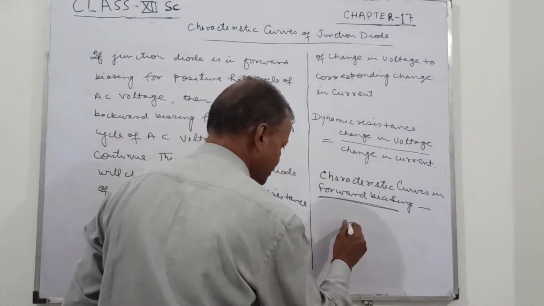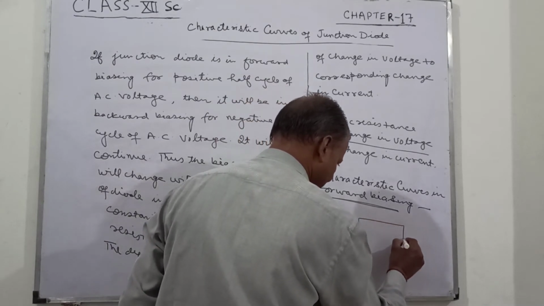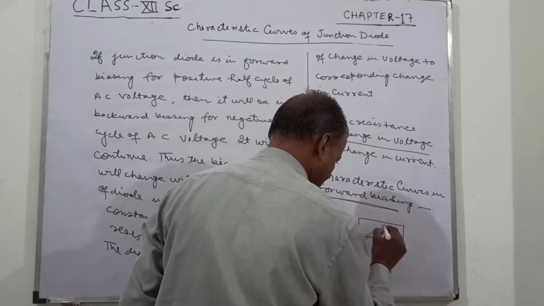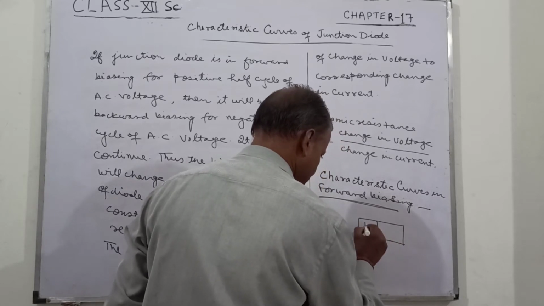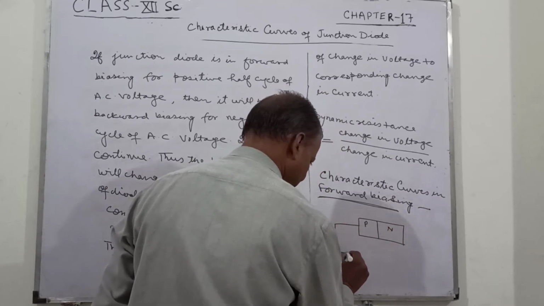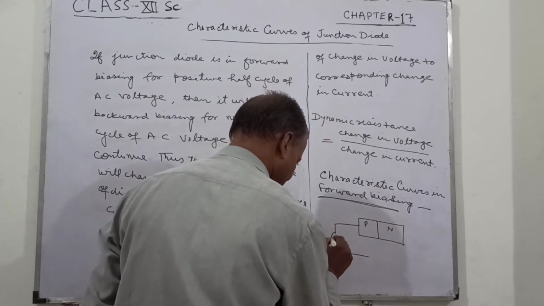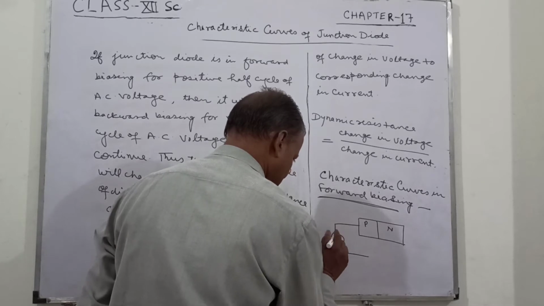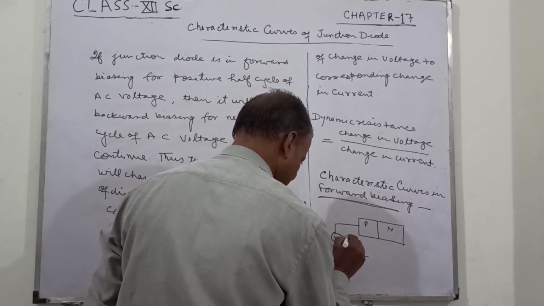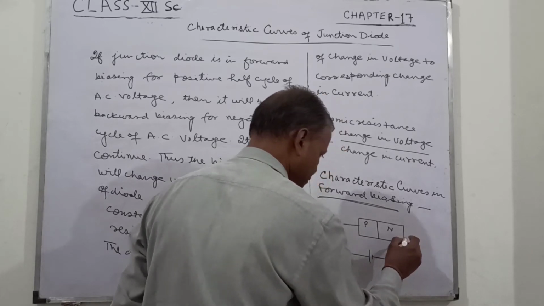For this you can see that this is, suppose, a diode. This is P, this is N. Here we have a milliammeter. This is the source. This is the current.